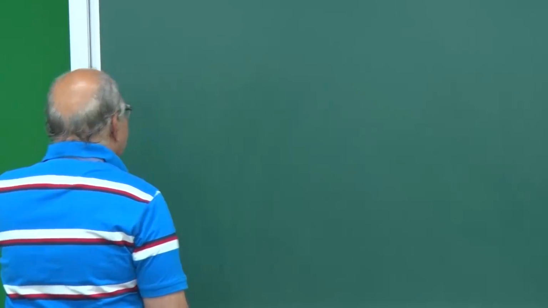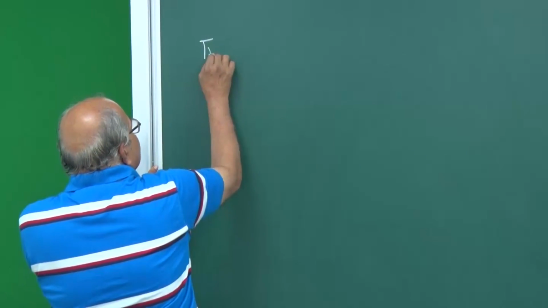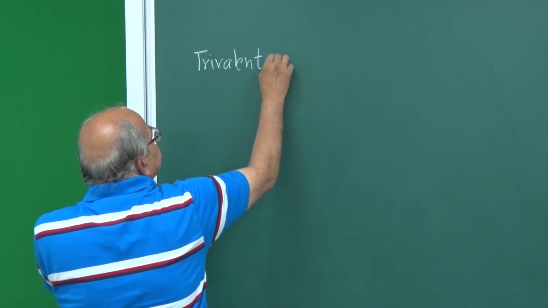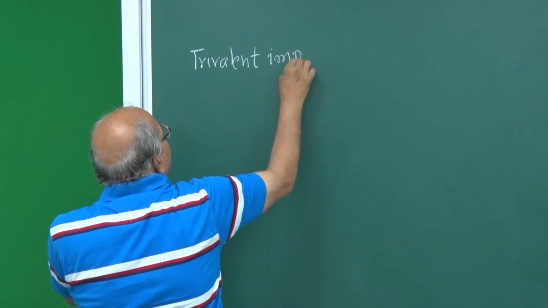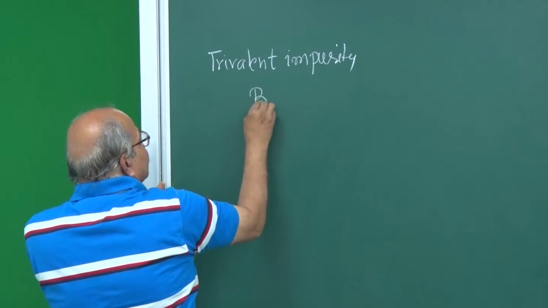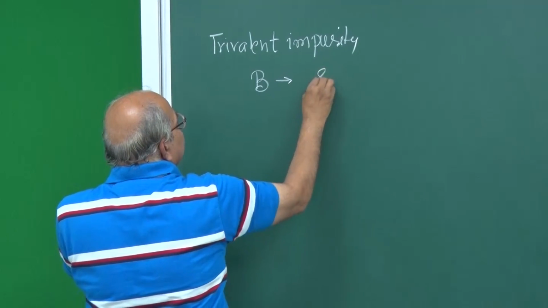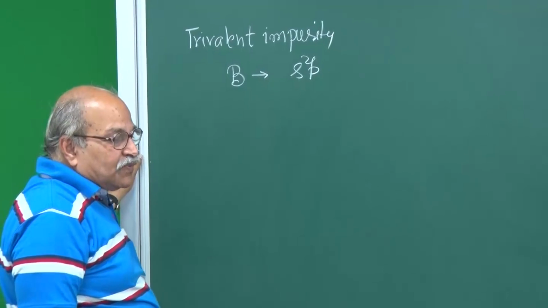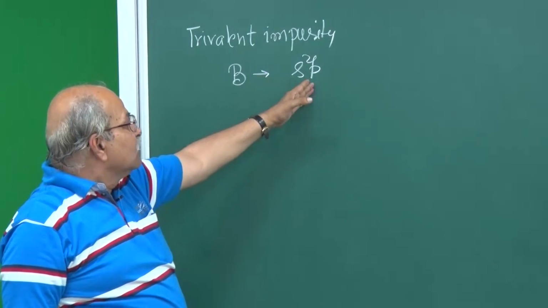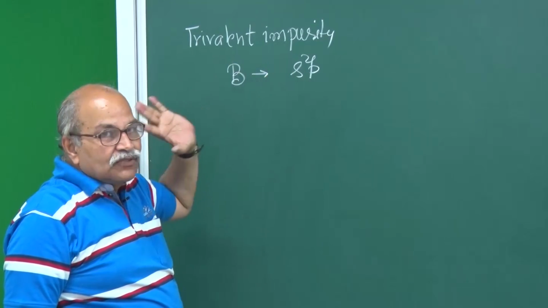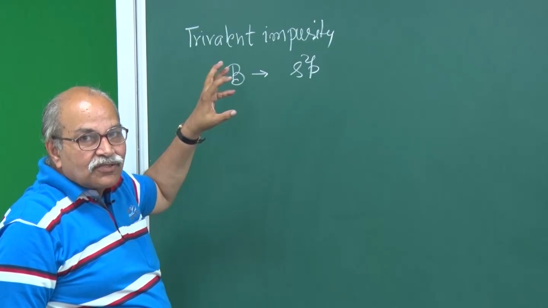So if you have that trivalent impurity, let us say boron, the outer shell will have S2P instead of S2P2. In silicon it is S2P2, in boron or aluminium it will be S2P. So there are 3 outer electrons only.